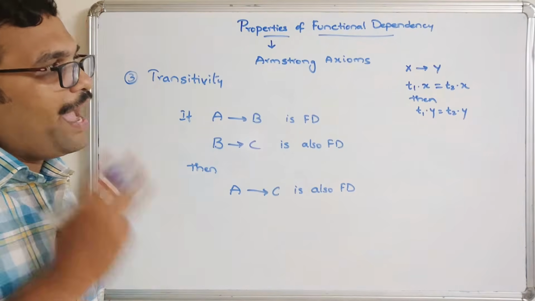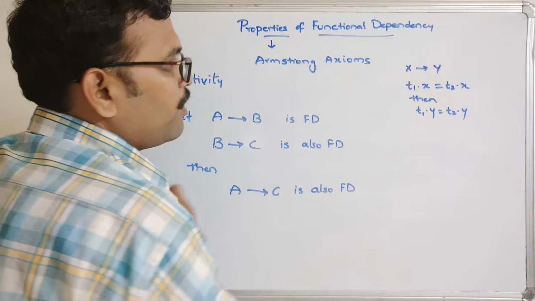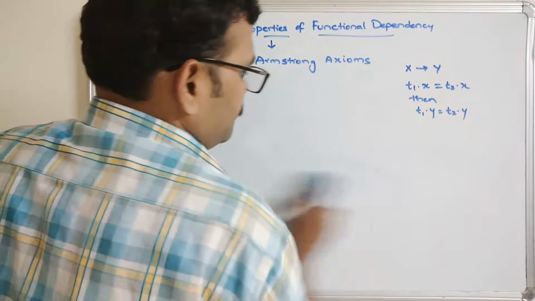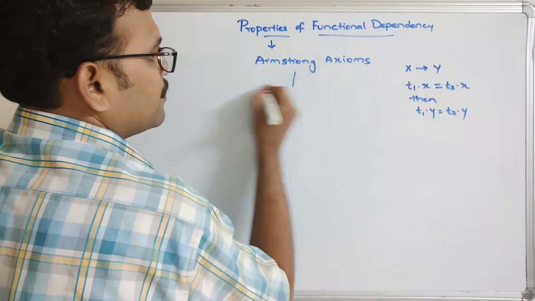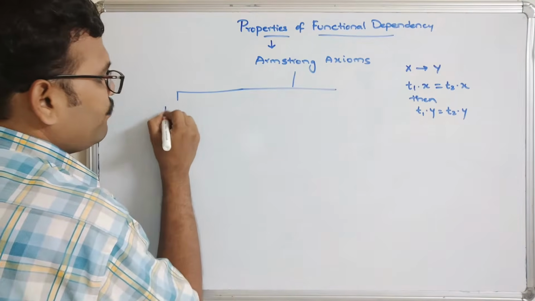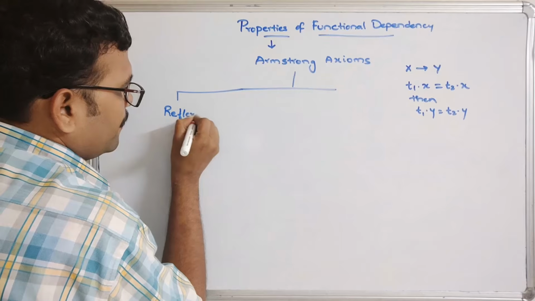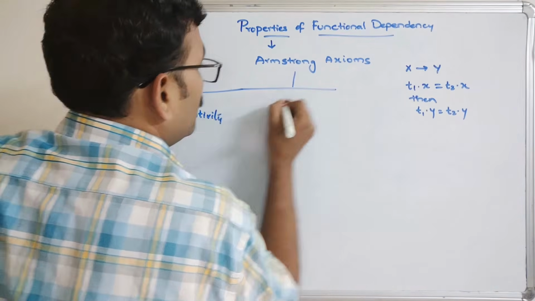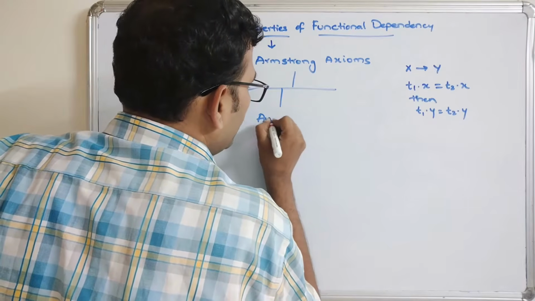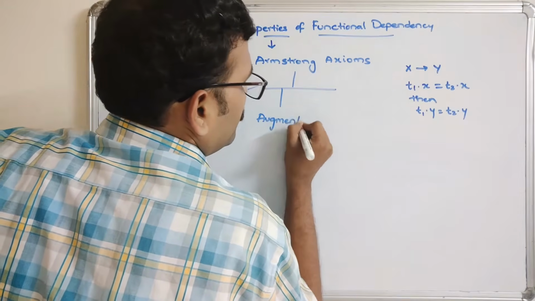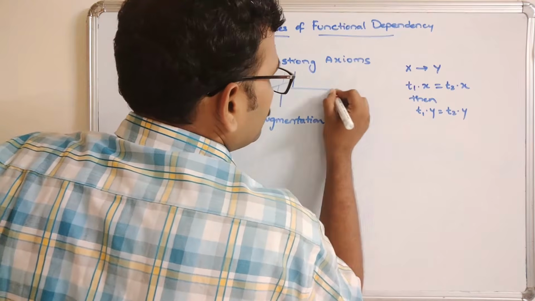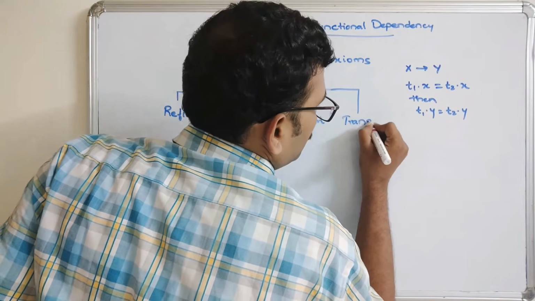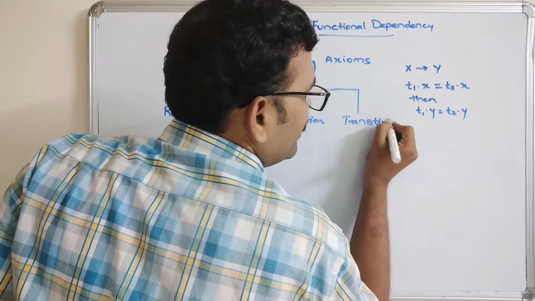So the three Armstrong axioms of functional dependencies are reflexivity, augmentation, and transitivity.